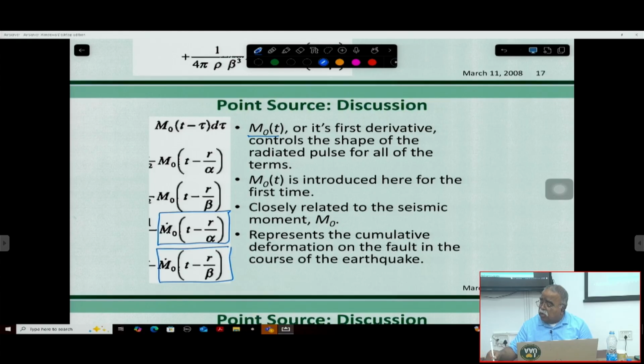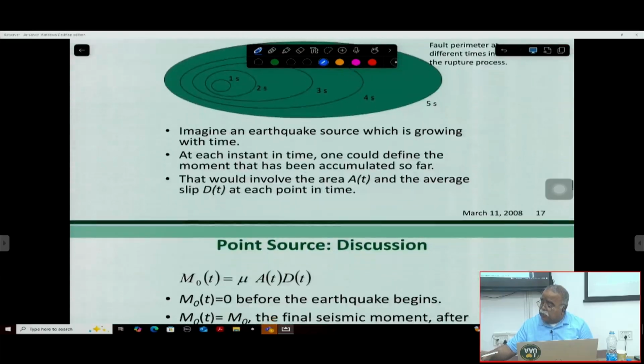These are called the time derivative of the moment, the time derivative of the moment. So this is what we call the moment rate function. Okay, so this is M dot t minus r by alpha, so that you can calculate.